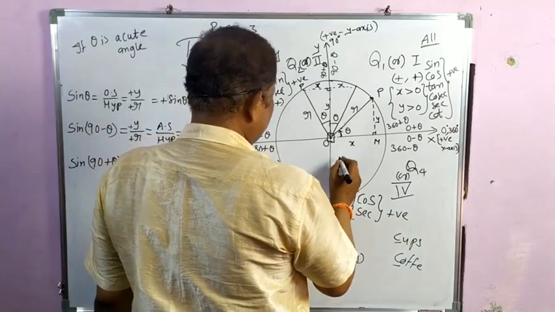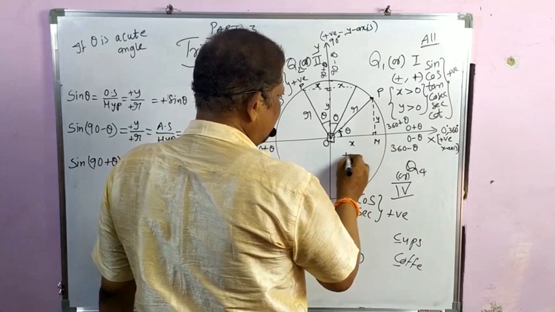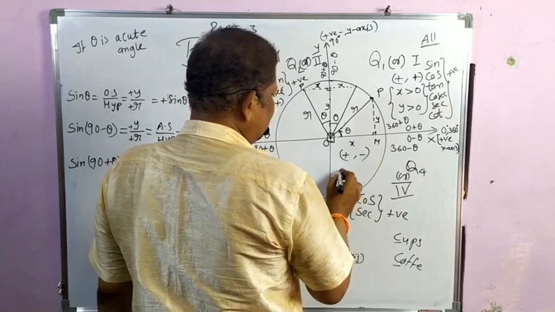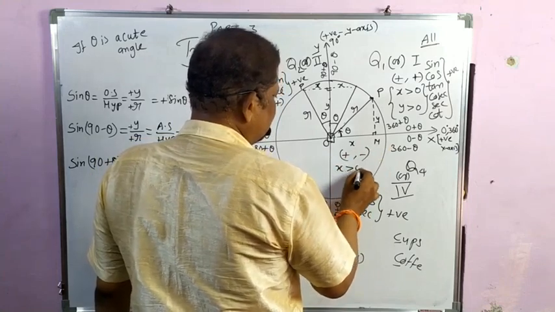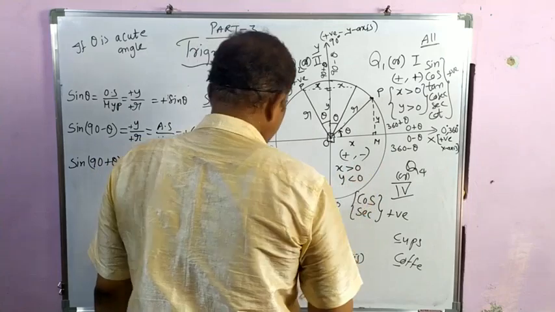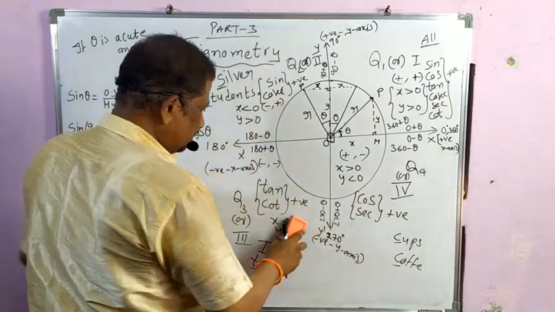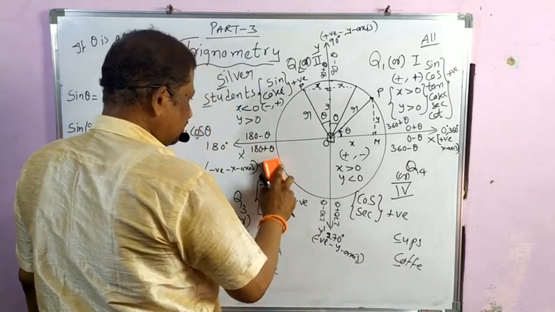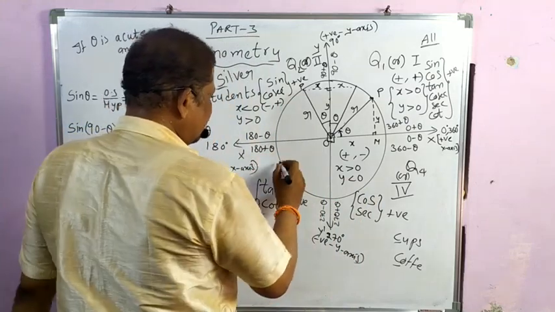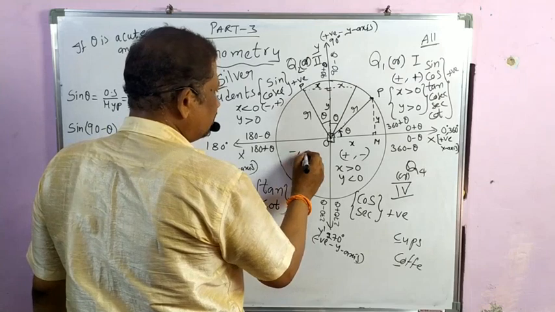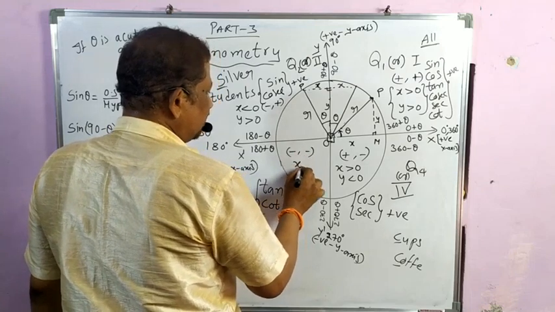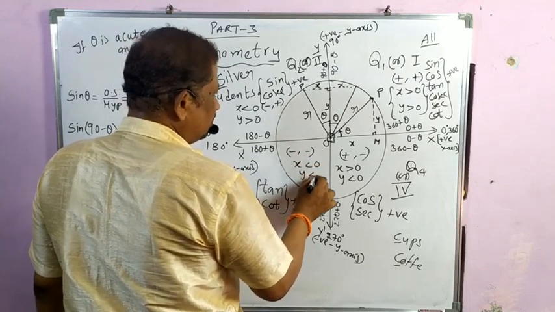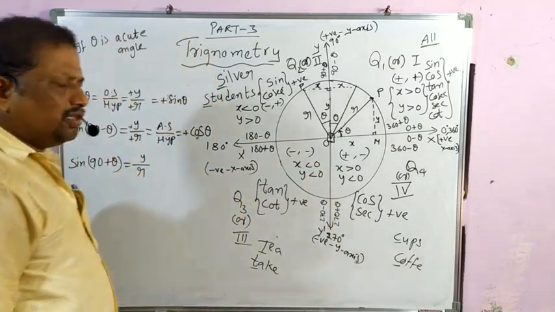Here you observe, x is a positive value and y is a negative value. That means x is greater than 0 and y is less than 0. Here both are negative, I will write. So in this quadrant x value is negative and y value is also negative. Is it clear?